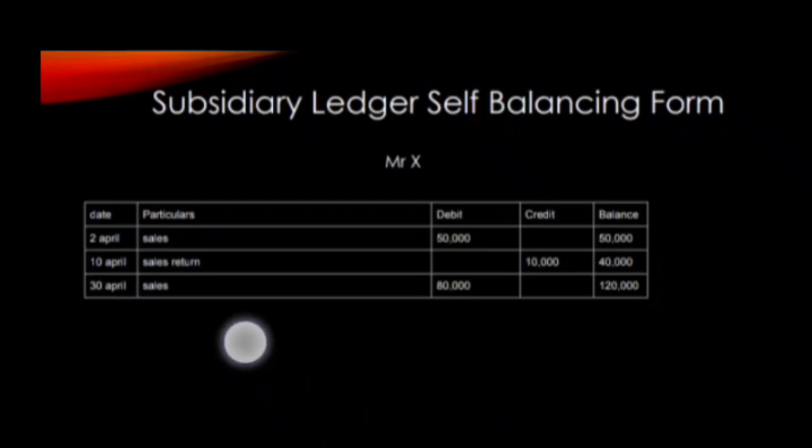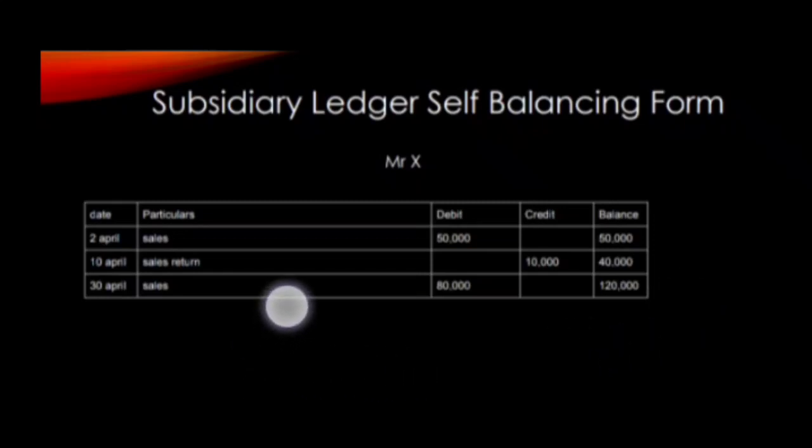Then we have a sale return. If we have a sale return, that will be deducted from sales. Now the ledger balance is 40,000. So you have got the idea that it is being balanced transaction by transaction.